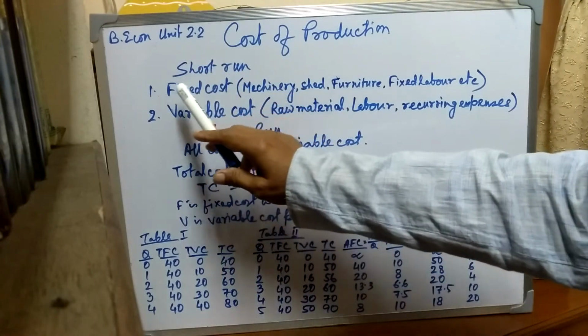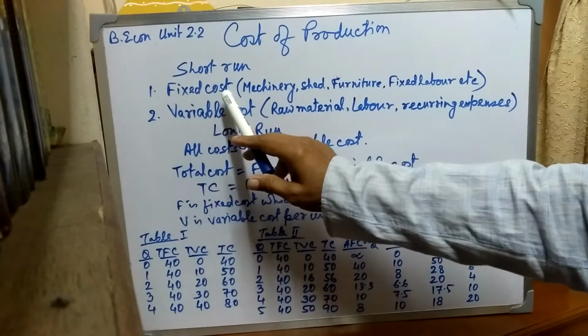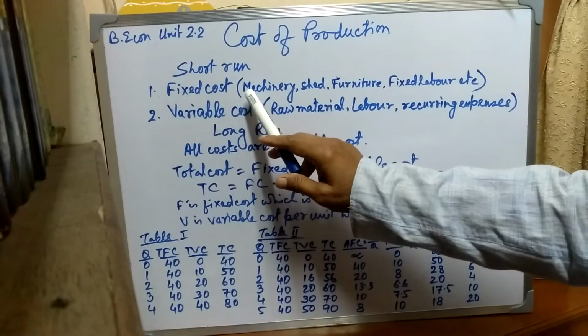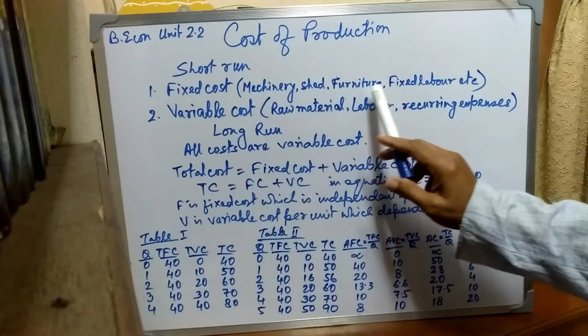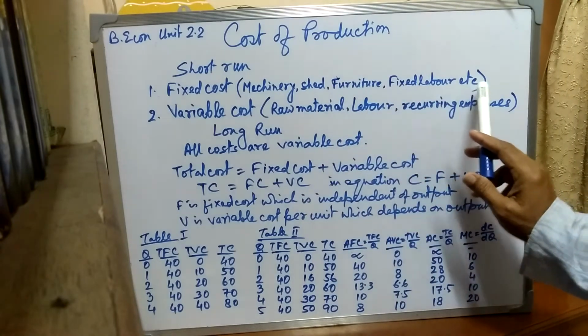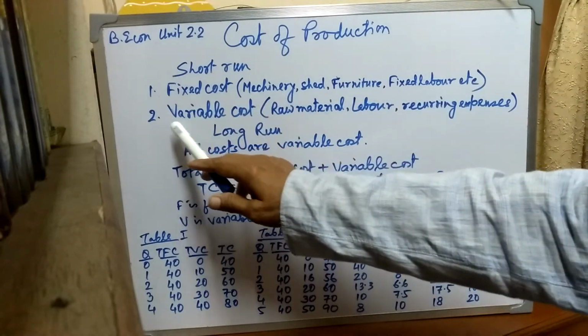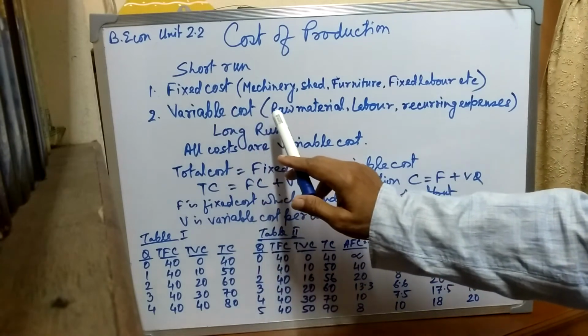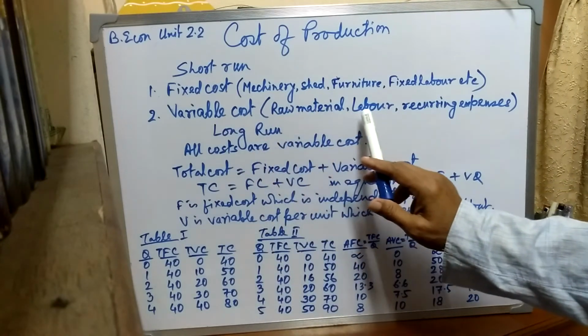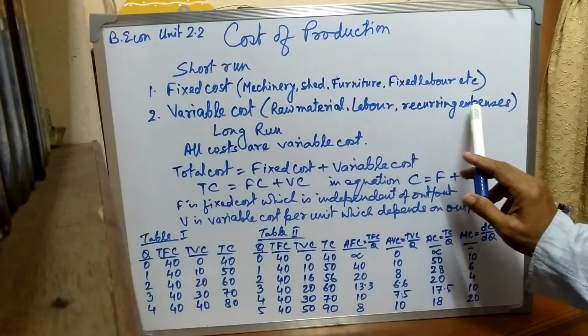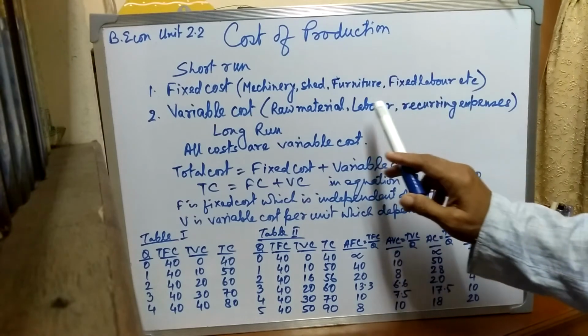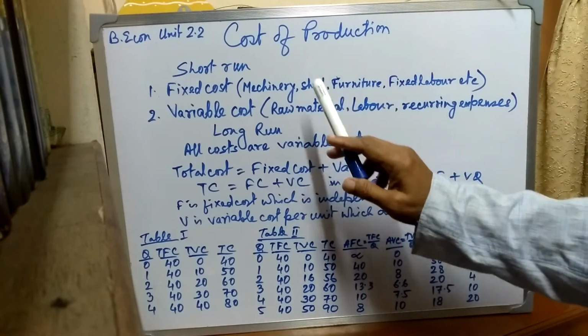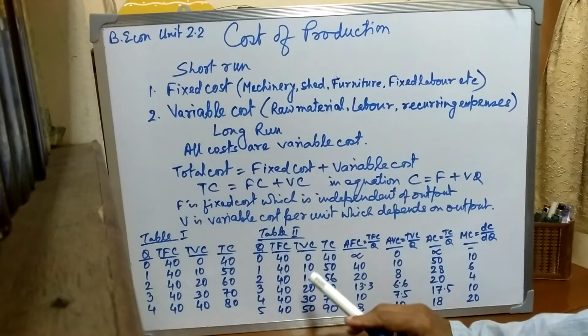In short run, there are two types of costs: fixed cost, which includes machinery, shed, furniture, fixed labor, etc., and variable cost, which includes raw material, labor, recurring expenses, all other expenses, etc. All are variable costs. So there are two types of costs: fixed cost and variable cost.